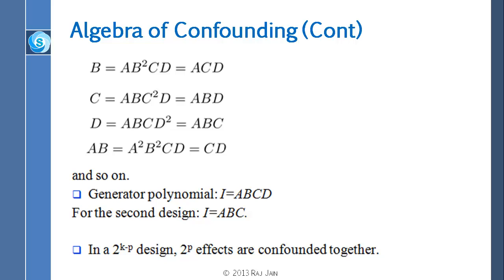For the first design, I was equal to ABCD. In the second design, I was equal to ABC. Both of them have the same number of confoundings because you can keep multiplying by all the products. But this one actually has a lower resolution because the third order interaction is getting confounded with the mean.